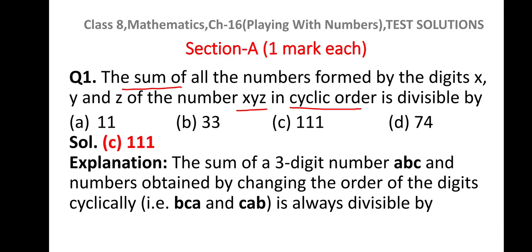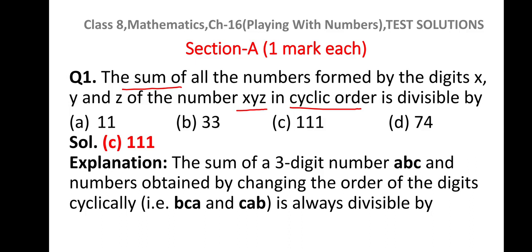Is always divisible by 111, 37, 3 and A plus B plus C, that is the sum of the digits. It was when the number is A, B and C. Here it will be X plus Y plus Z because the number is X, Y and Z.